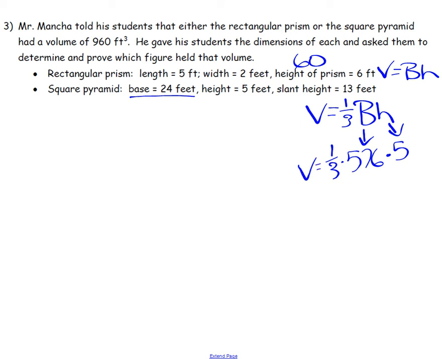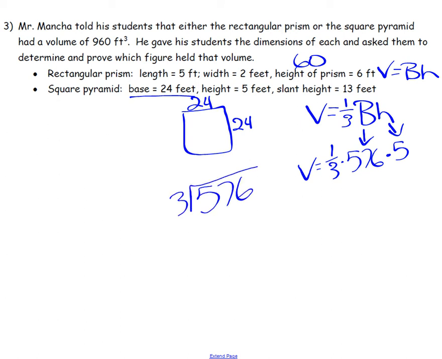So let's see. We can take a third of 576, divided by 3. Or you could multiply this and then divide the whole thing by 3. 24 times 24, why would you do that? Because it's the area of the base. The base is a square that's 24 by 24. So 576 divided by 3.